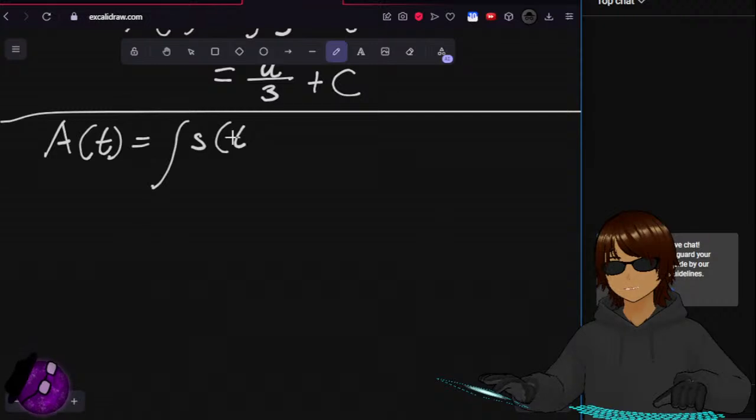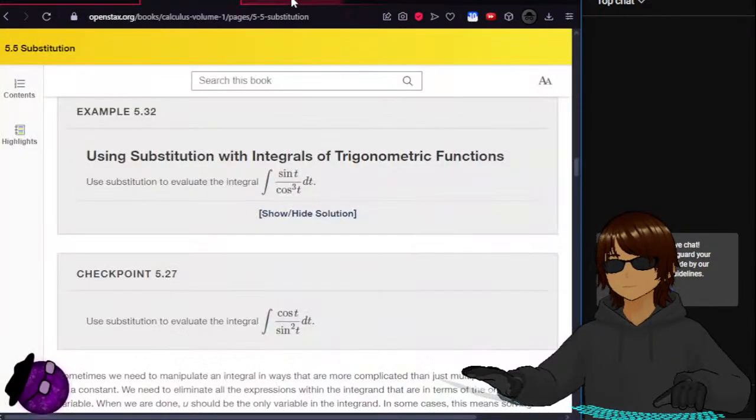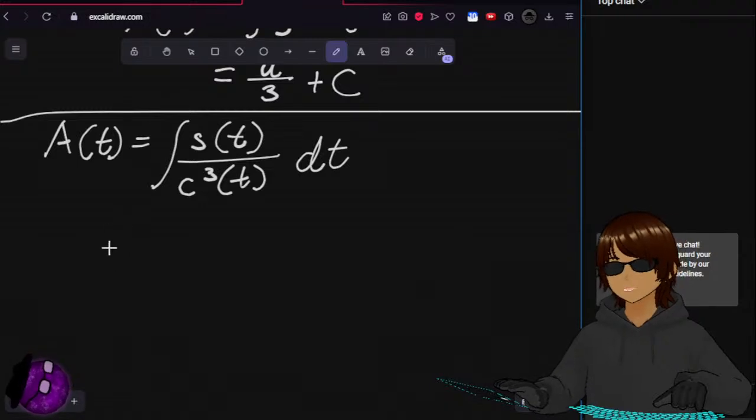Sine t divided by cube, cos cubed, cos t cubed dt. So let's say, derivative of cos squared.